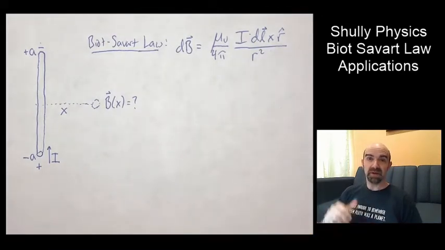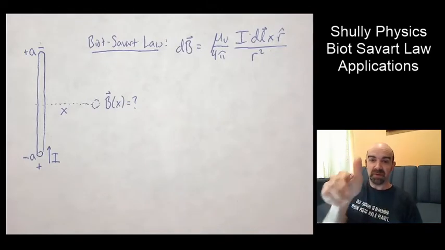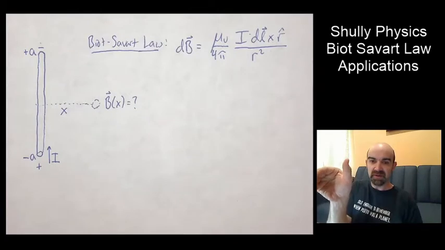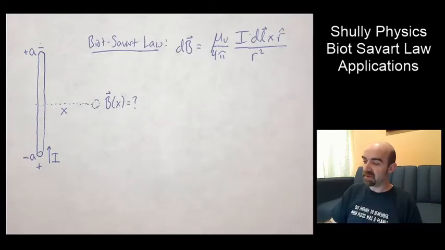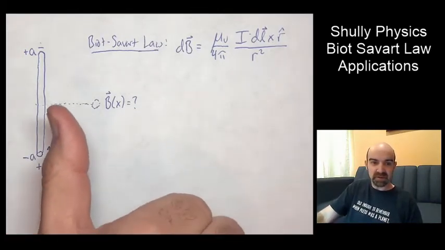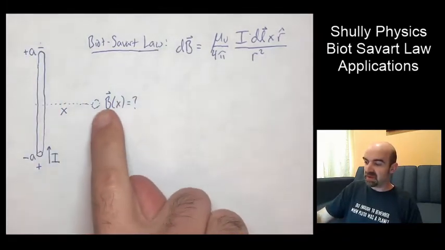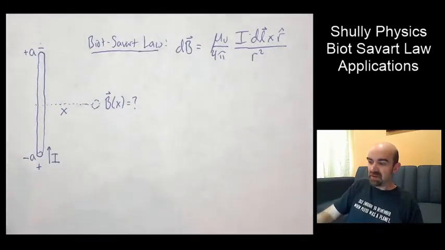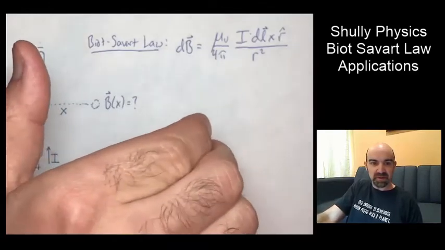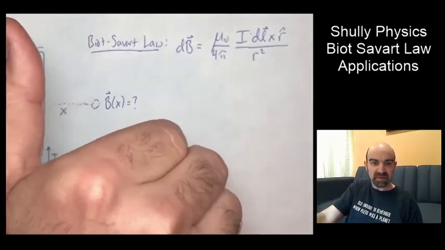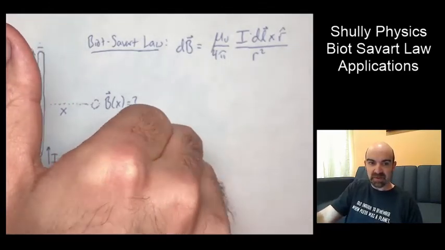So applying our right-hand rule, hold your thumb up, that goes in the direction of the current, and curl your fingers around. That's going to tell you the direction of the magnetic field about the wire. So in this scenario, the current's going up this way, and we're looking at a point over here. So the direction over here where your fingers are pointing on this side is downward, okay?